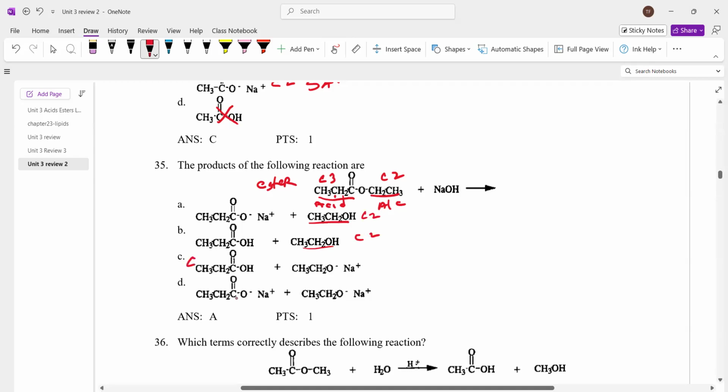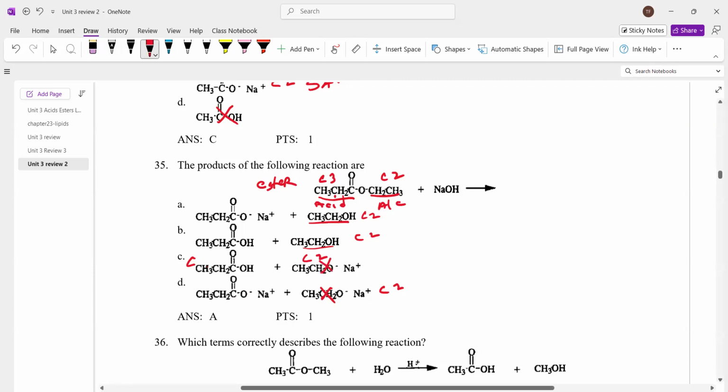This is 3 carbon, 2 carbon. And that's not an alcohol. And that's not an alcohol.